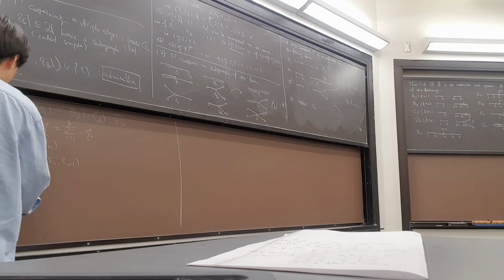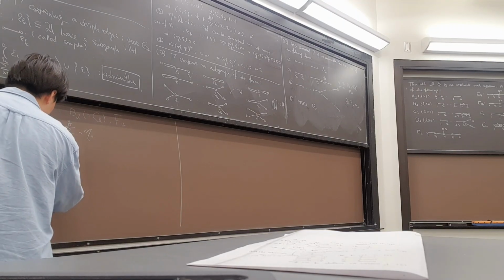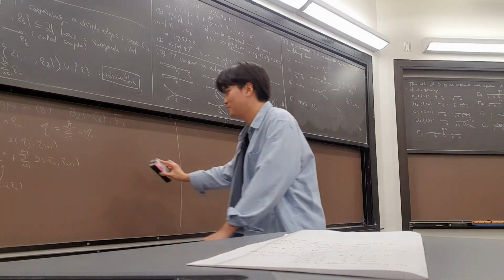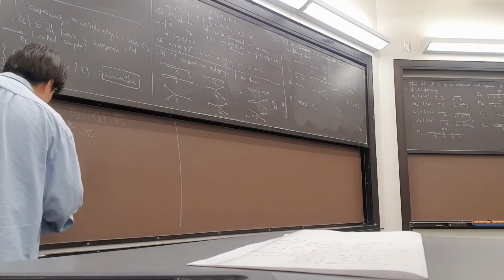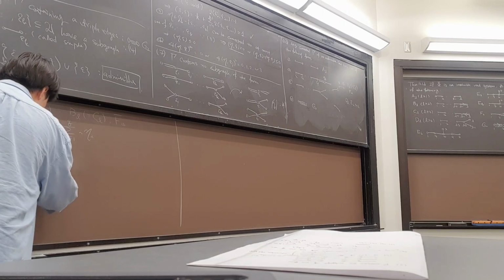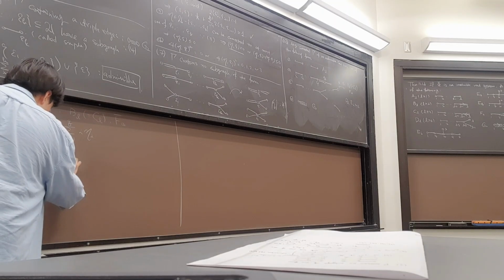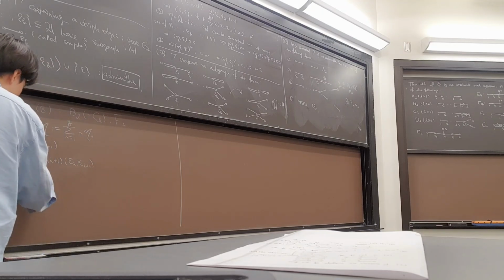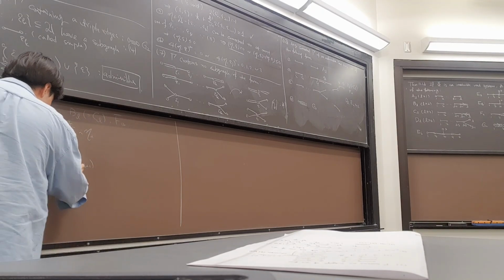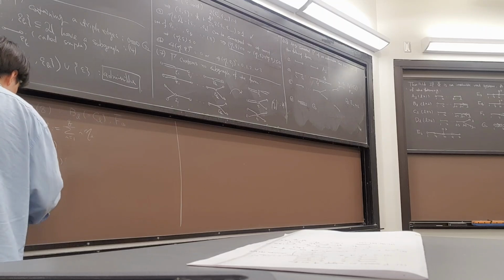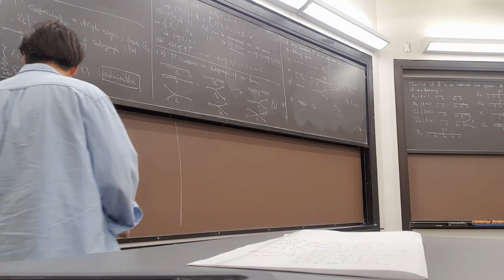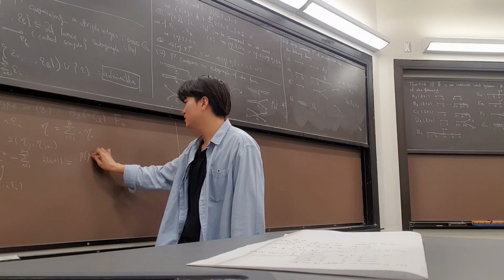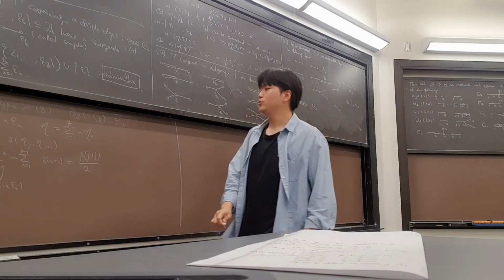So we can change this equation like this. So this implies that by the calculation, this is p(p plus 1) over 2.